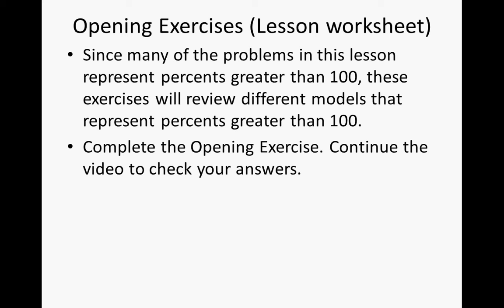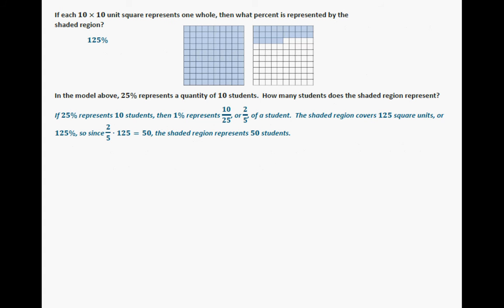Okay, you should be done with the opening exercise, so let's see what you got. If each 10 by 10 unit square represents one whole, then what percent is represented by the shaded region? You should have said 125%. In the model above, 25% represents a quantity of 10 students. So how many students does the shaded region represent?